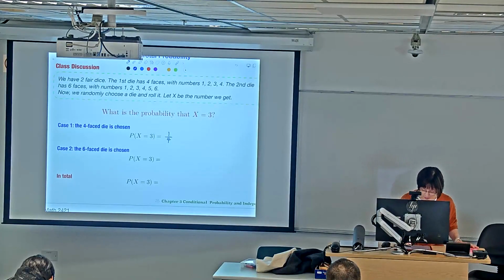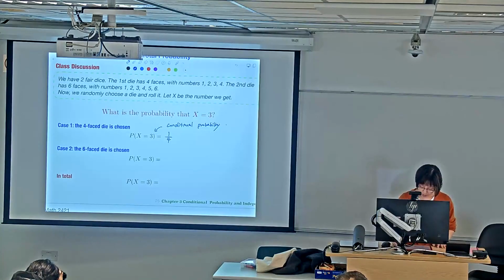And this probability we computed is actually a conditional probability, of x equals 3 given that case 1 occurs.